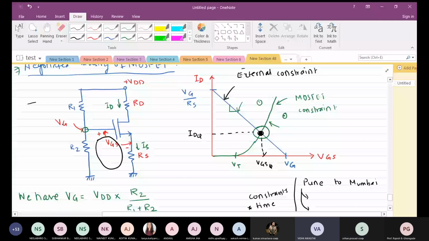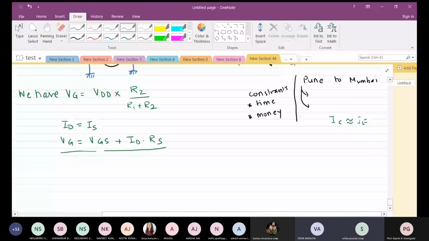In this loop, I am applying KVL to get VG is equal to VGS plus ID into RS. So now I can find out VGS equal to VG minus ID into RS.